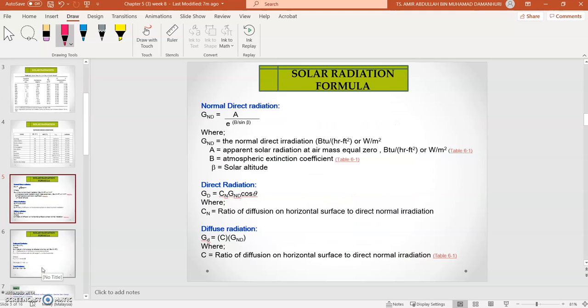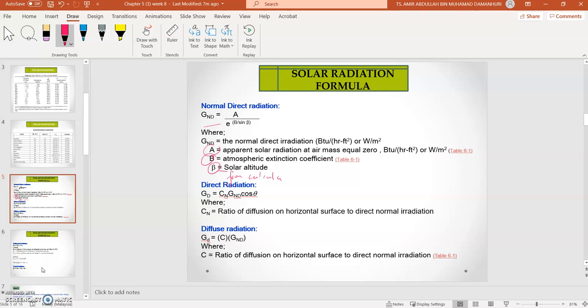The formula that we are going to use is for the normal radiation, which is the GND. So the formula is A over e to the power of B over sine beta, where A is the apparent solar radiation at AMS equals 0. The A value, the B value, and the beta you are using, the beta we get from the calculation.